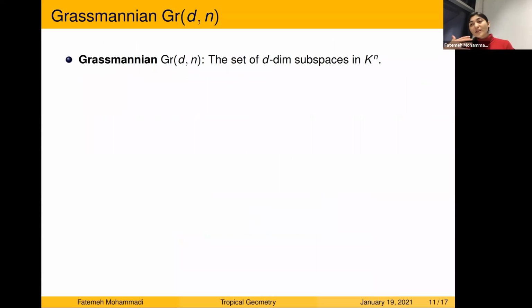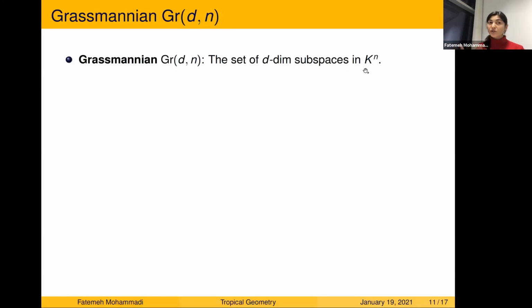Now the next step is to look at the moduli space of these linear subspaces, called the Grassmannian Gr(d,n). That's the set of all d-dimensional subspaces in K^n.